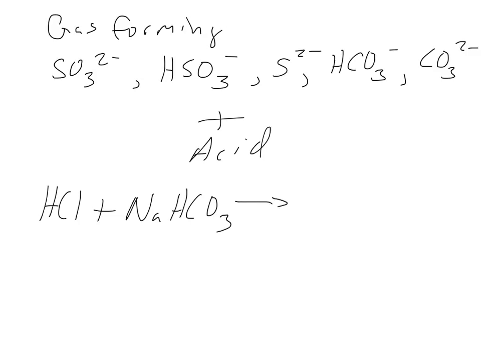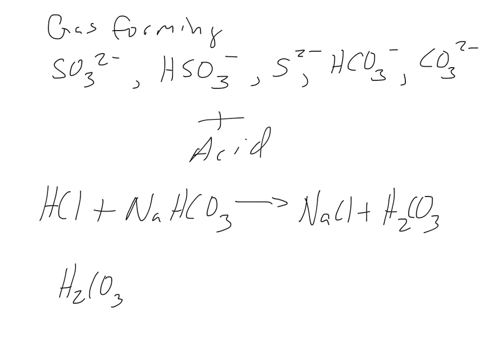If I just take this as a double displacement reaction, and I do the AB plus CD, what I would end up with is something that looks like this: NaCl plus H2CO3. Now that would be perfect if there wasn't a slight problem.